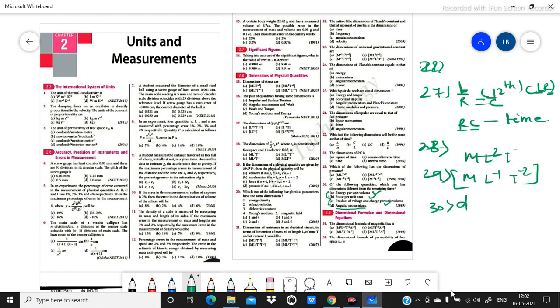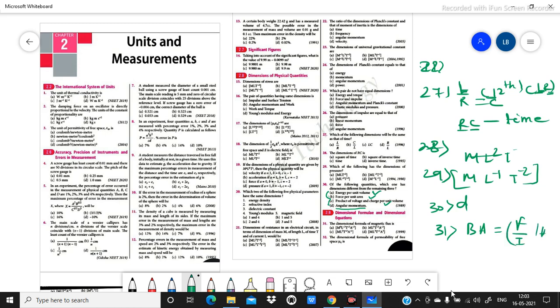So 30 is D, and 31 asks for the dimension formula of magnetic flux. It is again formula based, meaning you have to remember the magnetic flux formula, which is nothing but magnetic field into area. Magnetic field is force by current into length.